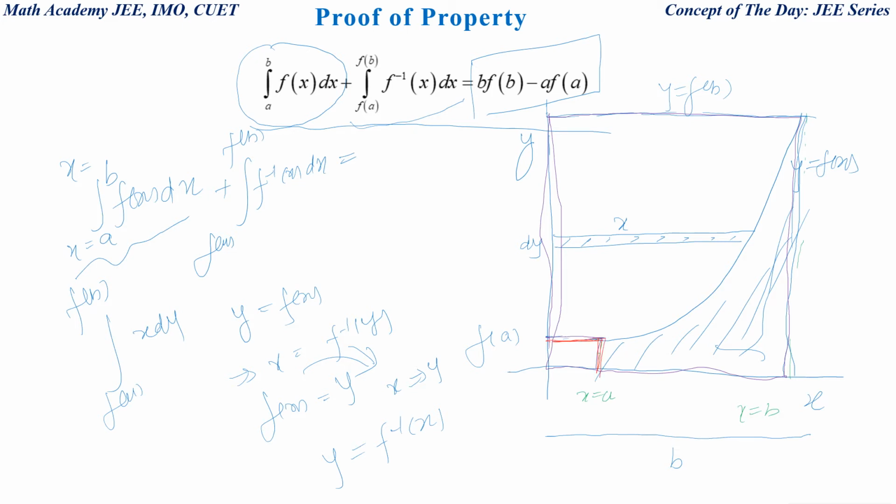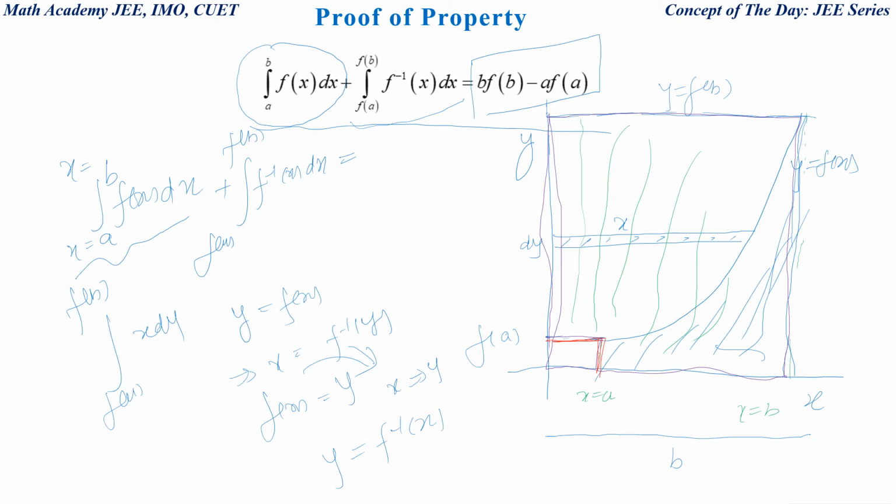Then you can clearly find the area of this region: total minus initial. This will be equal to b times f(b) minus a times f(a).